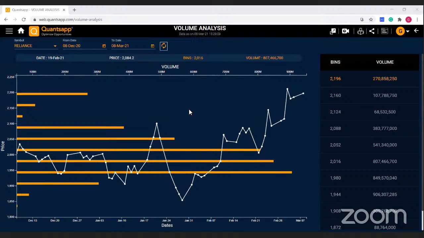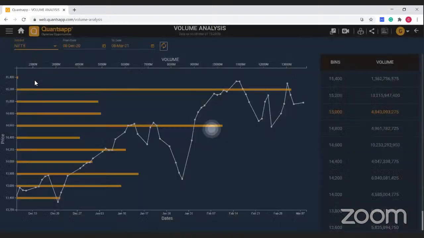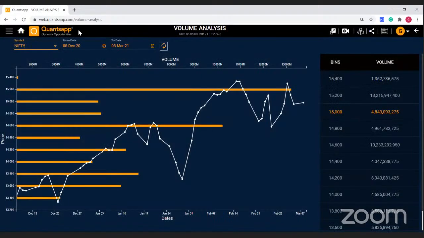So this is how we can look into the resistance and support levels of a particular stock and index. Looking at the broader picture, it gives a significant idea of how the stock movement has happened. So Mr. Roshan, that is a little difficult part to look into.